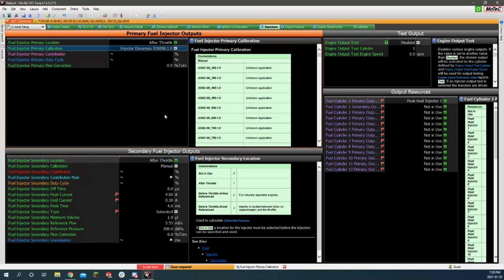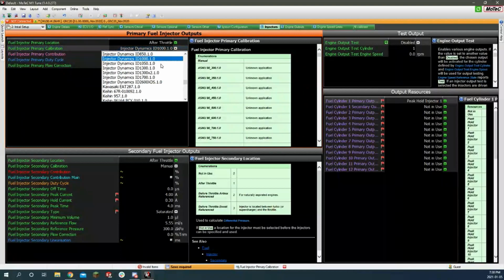It uses that number to figure out how much fuel to put in based on the air-fuel ratio you want. And if it knows the type of injector, the fuel pressure behind it, and your battery voltage, it can tell it how long to power that injector in order to get the right amount of fuel in.